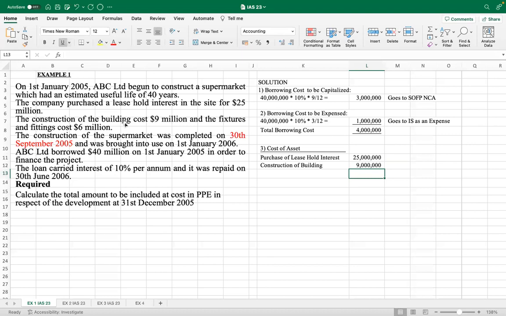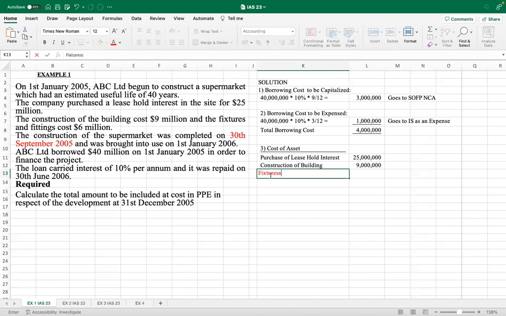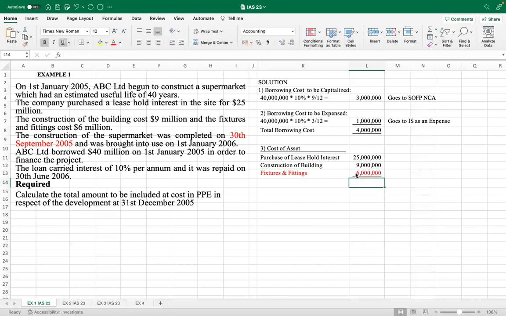Number 3, fixtures and fittings cost 6 million. Fixtures and fittings cost 6 million.